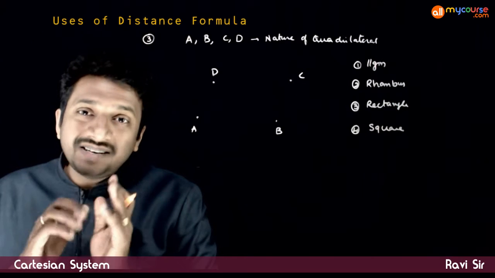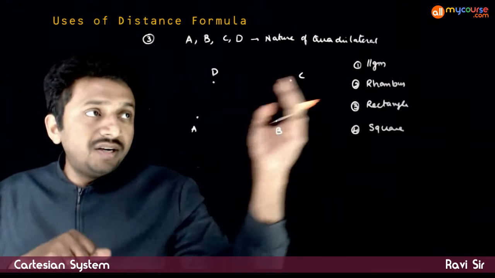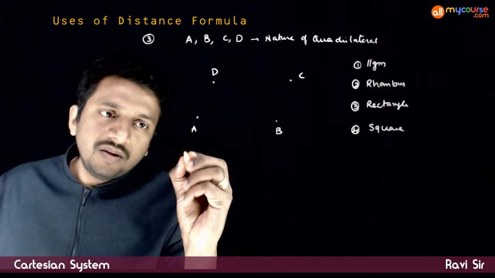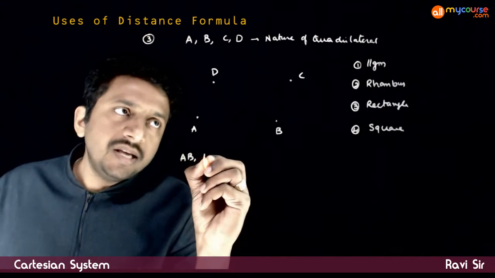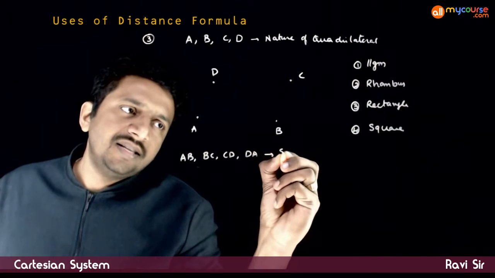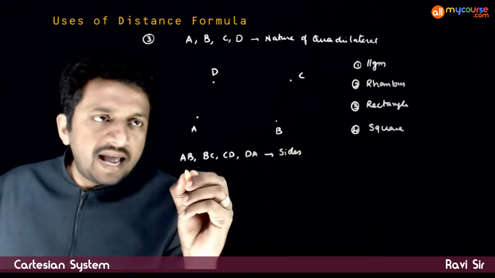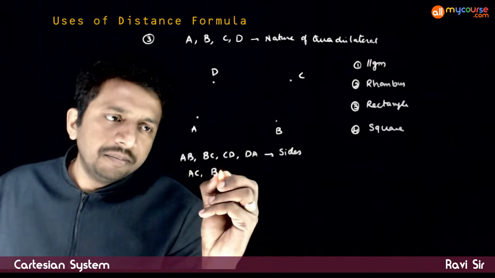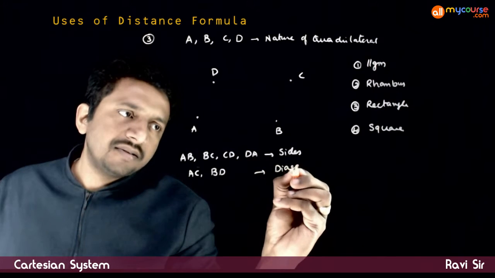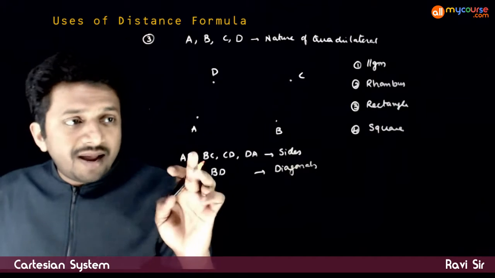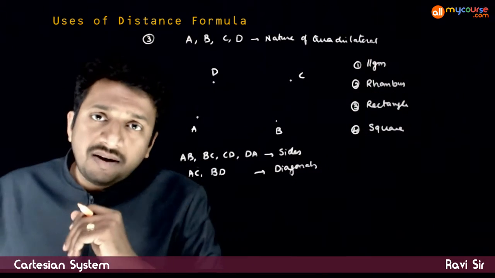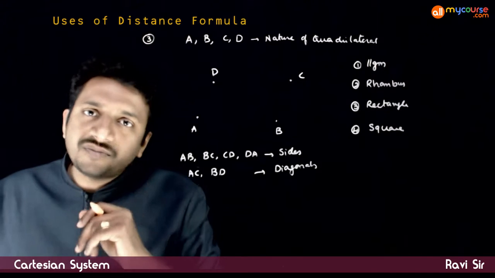So you just need to find 6 distances to determine which figure the 4 points form. So you need to find the lengths AB, BC, CD and DA. These are the sides, and AC and BD, which are the diagonals. So if you find these 6 lengths, you can very easily determine which kind of quadrilateral the 4 points form.